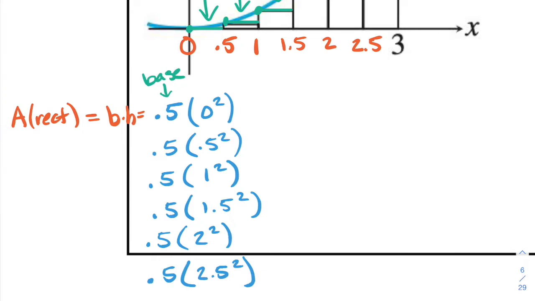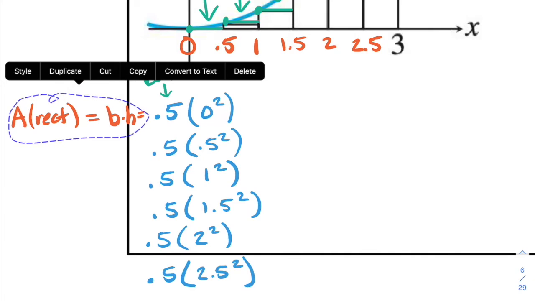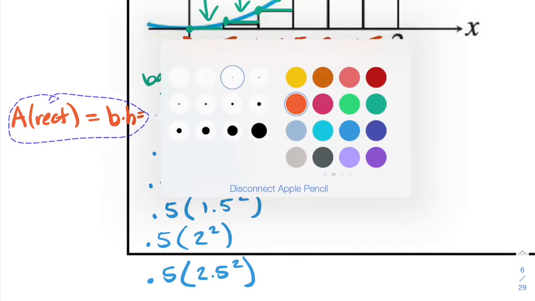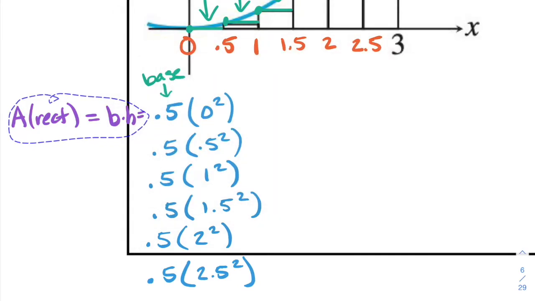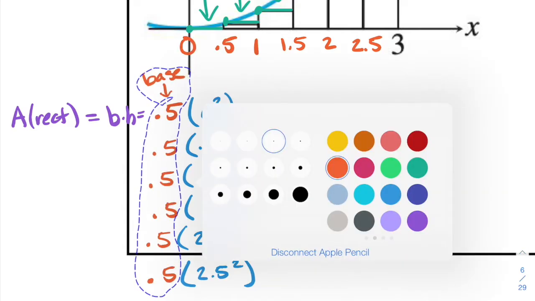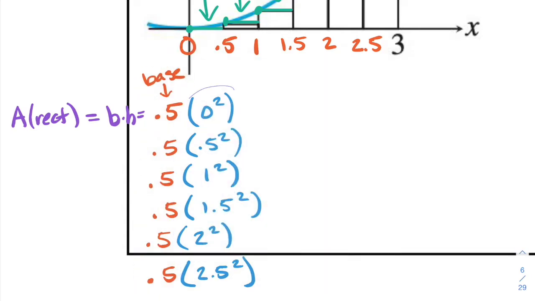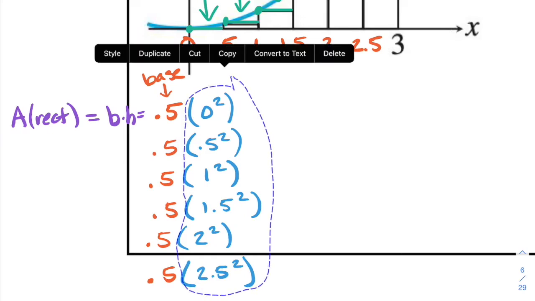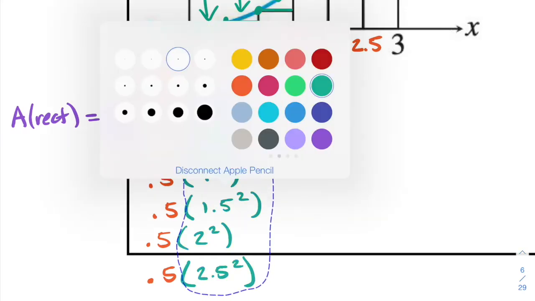Let me change the color because I think it makes more sense. Here's my base, that's an orange, because it looks like that's what I did above. And then these are my heights, which I believe I did in green, so let me stay consistent.